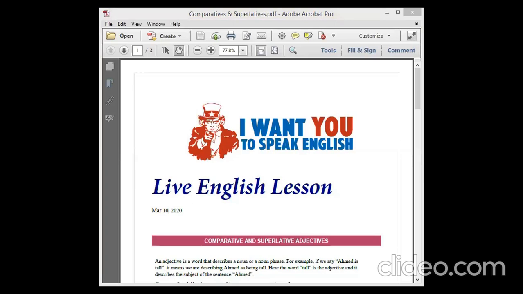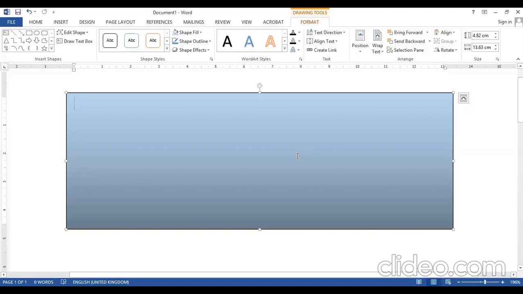Okay. So, we were saying when comparing two things or two entities, we're likely to use adjectives like what? Let me show you. Okay. Now this is better.